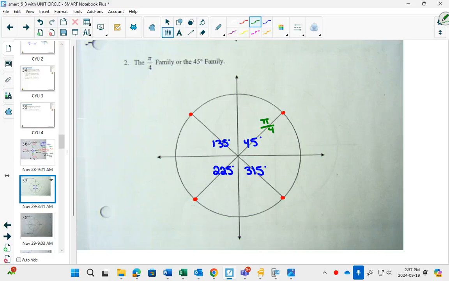Does it make sense that if I went halfway around, that would be pi? And then I need to subtract my reference angle of pi over 4. How do we subtract fractions? We need a common denominator. So I'm going to change my pi to be 4 pi over 4 minus 1 pi over 4, and this angle is 3 pi over 4.